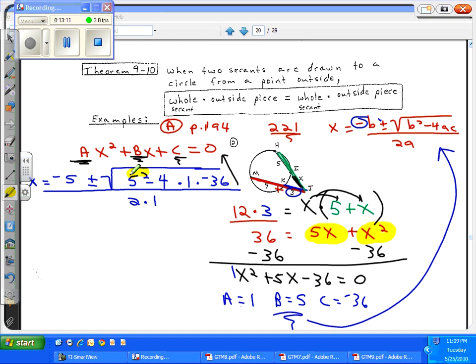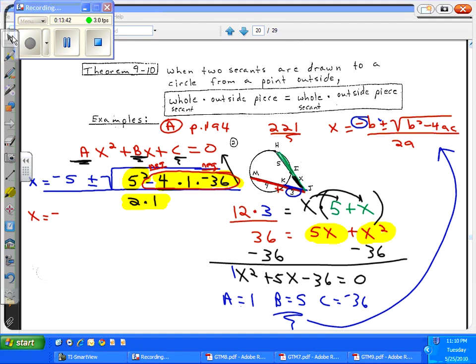We can do the 5 squared and all this multiplying and that multiplying at the same time. And don't forget, when you do all this multiplying over here, that we're going to call the sign of that 4 negative and the sign of that 36 negative.